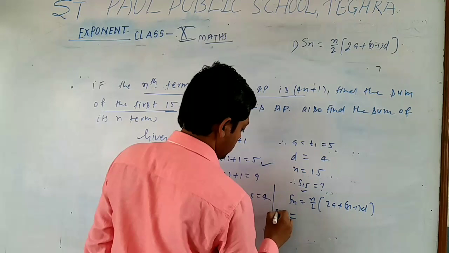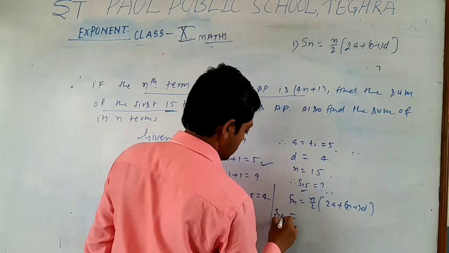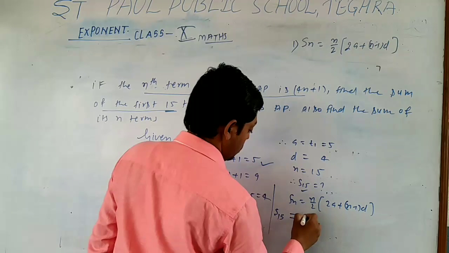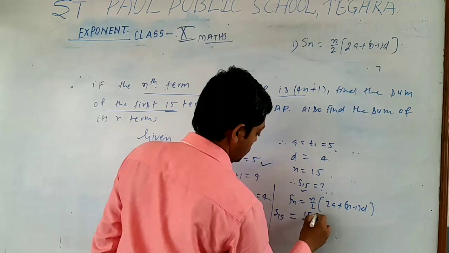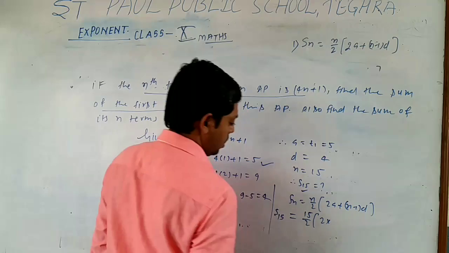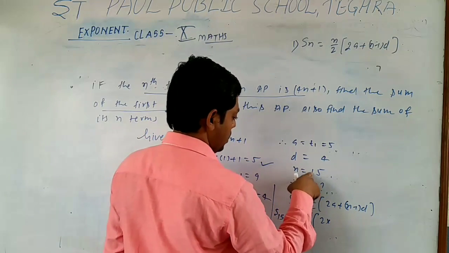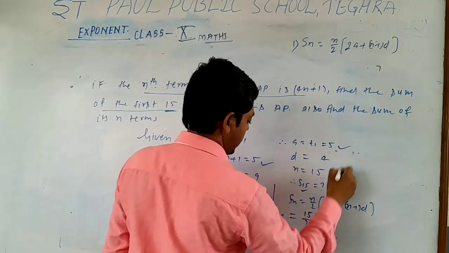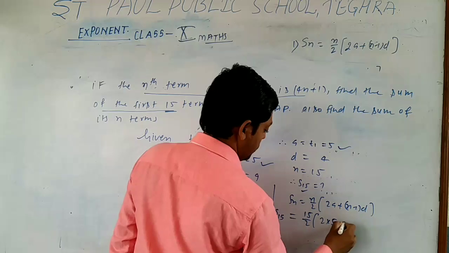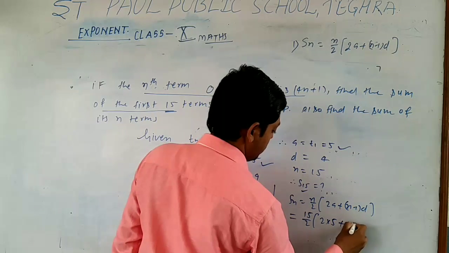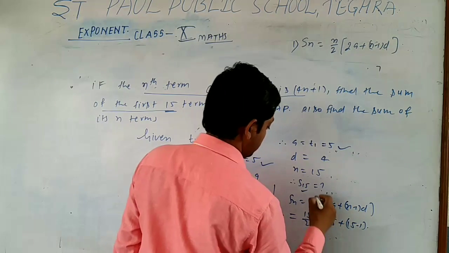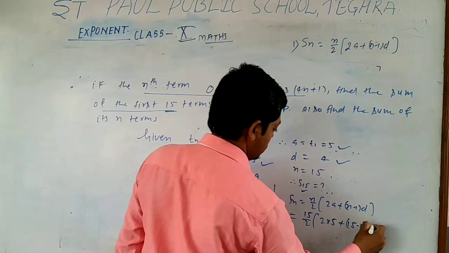S15 is equal to 15 by 2 into 2a, where a, the first term, is 5, plus n minus 1, that is 15 minus 1, times the common difference. The common difference is 4.